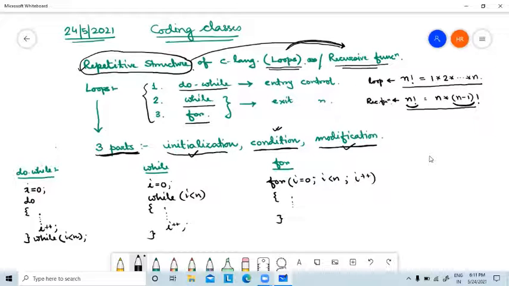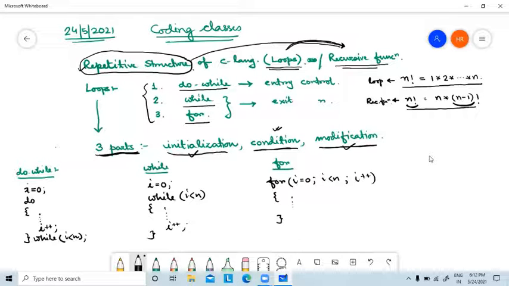How will you do it? You will first initialize, either your left hand or right hand, either the maximum value or the minimum value. Then for modification, either you decrease with time or you increase with time, and you also have to check the conditions. So these three are very important parts of any loop or repetitive structure.